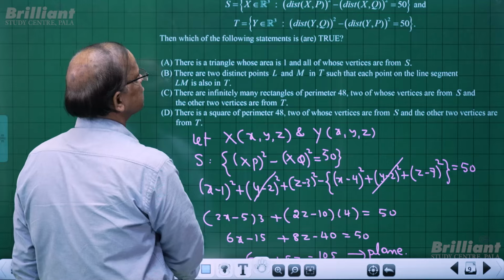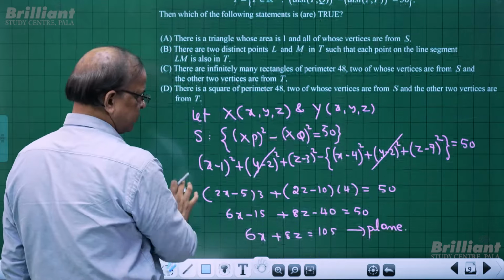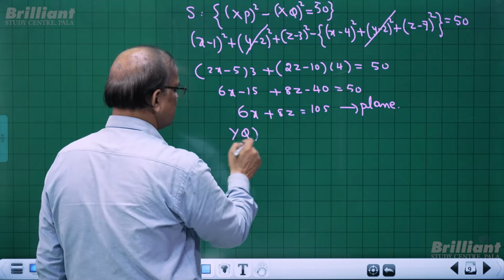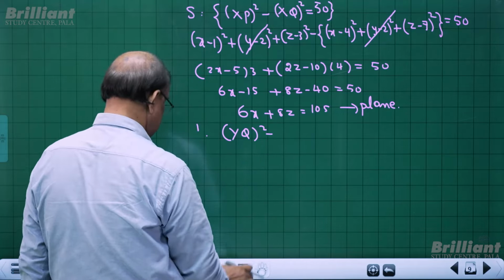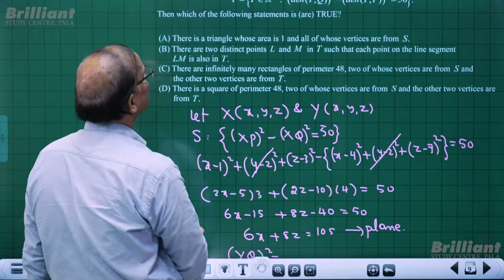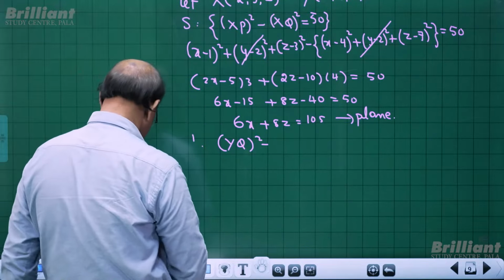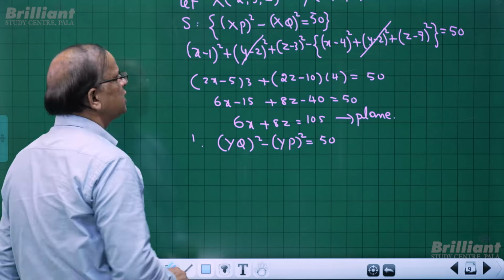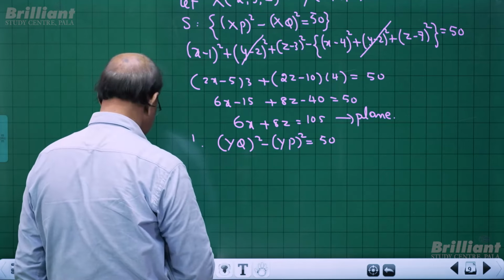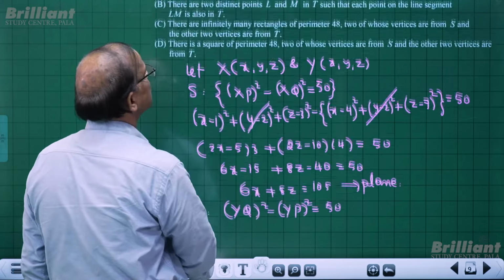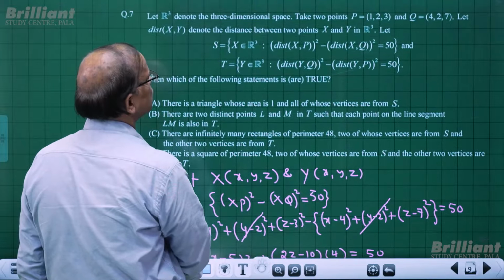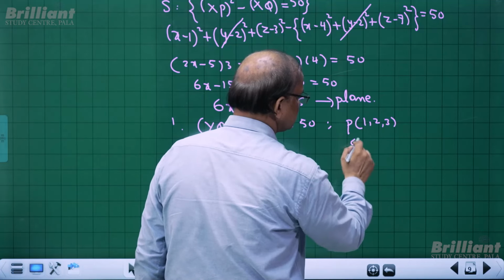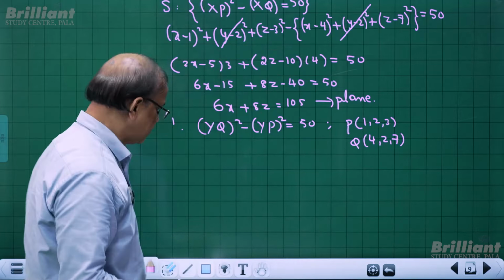So YQ squared minus YP squared is equal to 50. Here Y is (x, y, z), and P is (1, 2, 3) and Q is (4, 2, 7).